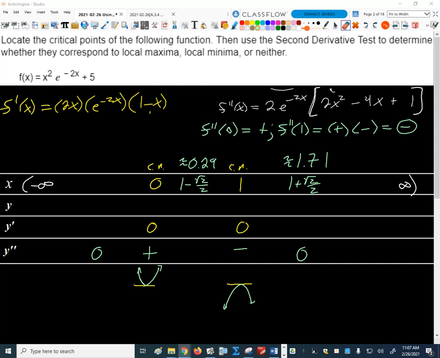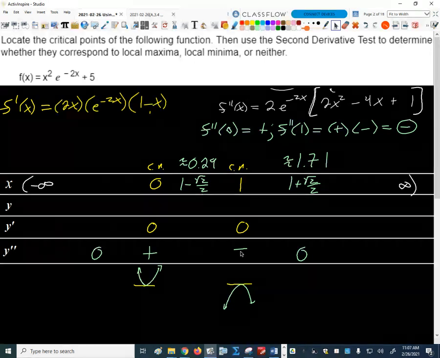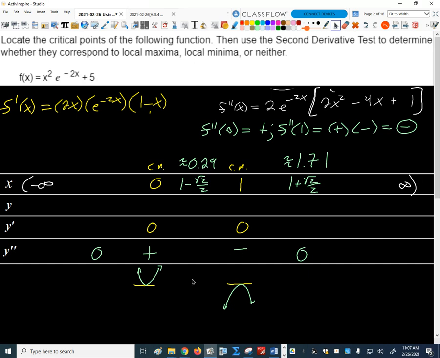Because look what's going on in the middle. I've got a positive concavity here and a negative concavity here, and my second derivative is defined everywhere, right? So there's no way that we could have had that switch in concavities without there being an inflection point in the middle, right? The derivative was defined everywhere. There's no sharp corners on this thing, so that couldn't have happened. So that told me that is not possible.